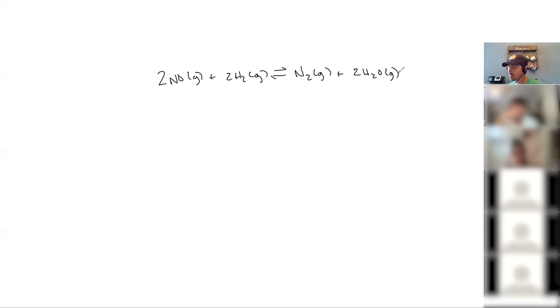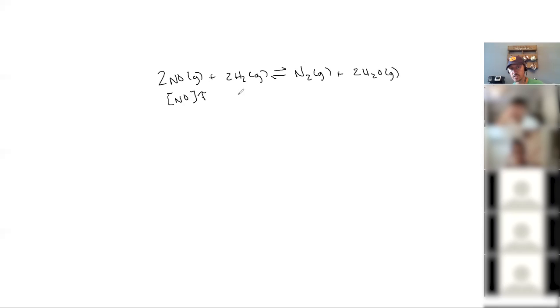All right, so let's say this reaction is at equilibrium, but then all of a sudden we add more NO, so the concentration of NO goes up. What's going to happen to the reaction per Le Chatelier's principle? Which way is it going to shift? The concentration on the product side is going to get greater.